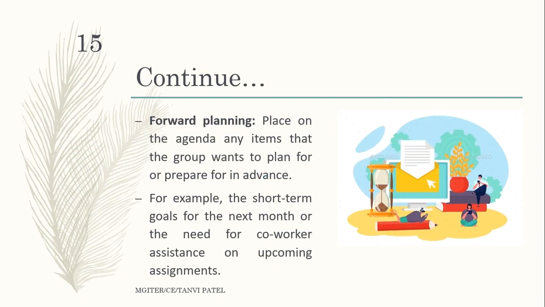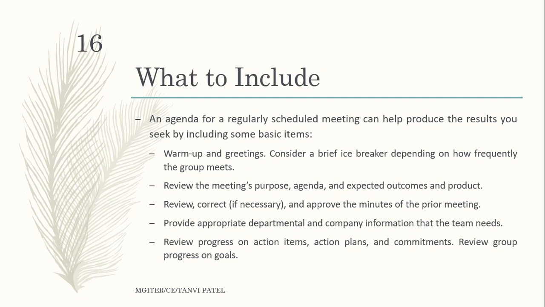Place on the agenda any item that the group wants to prepare for in advance. It means the advance preparation of agenda items that the group wants to plan should be forwarded. For example, the short term goal for the next month or the need for co-worker assistance on upcoming assignments.